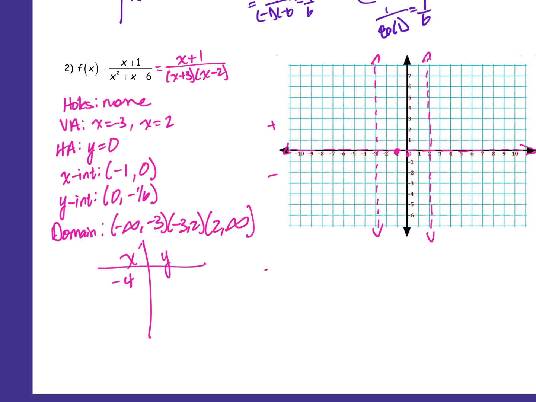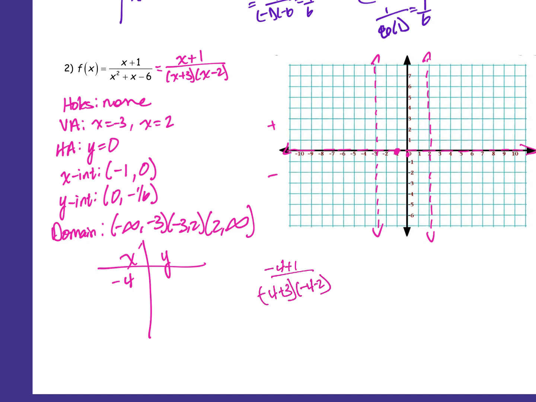So I've got -4 plus 1 over -4 plus 3 times -4 minus 2. I want to talk about that for a minute for you guys, especially those of you who are going into calculus. When I was talking about if I just need to know if it's positive or negative, it's called making a sign line. And I only need to know what the sign is. I don't care what the value is. I just need to know if my answer is going to be positive or negative.